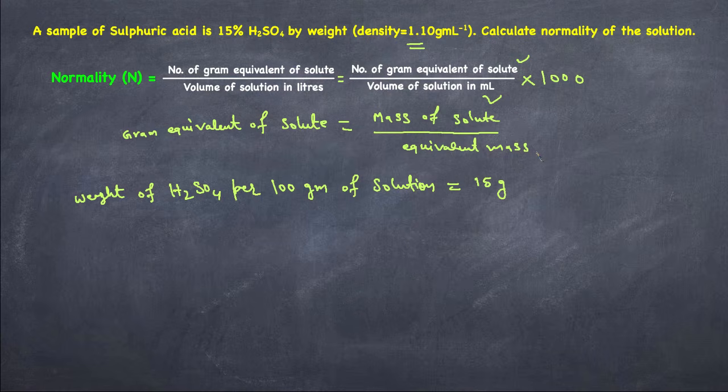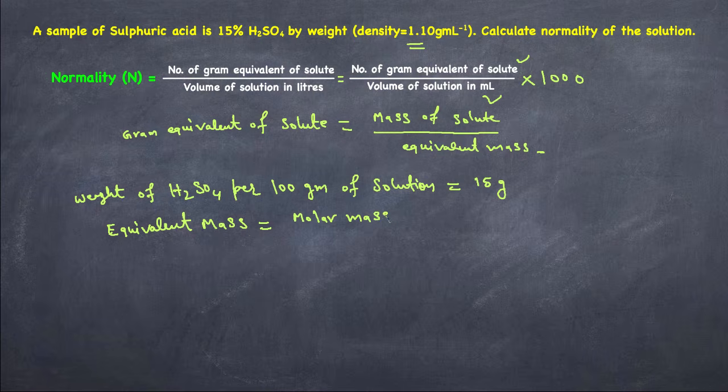Now we're going to calculate equivalent mass. There is a formula for equivalent mass. Equivalent mass is equal to molar mass divided by n factor of acid.